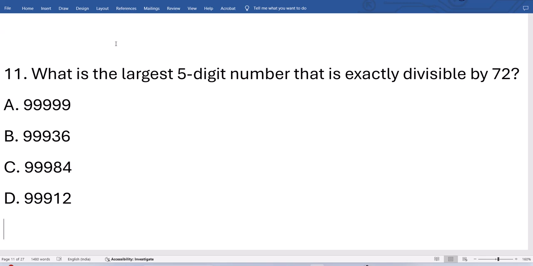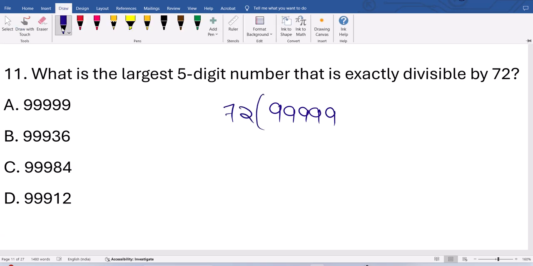I'll give two methods: option verification and directly doing. How directly? What is the largest 5-digit number? Divide by 72. Listen.